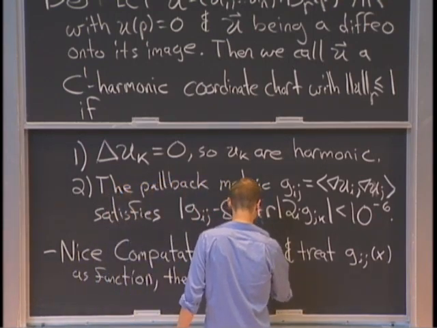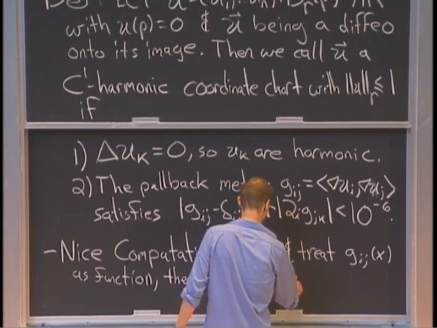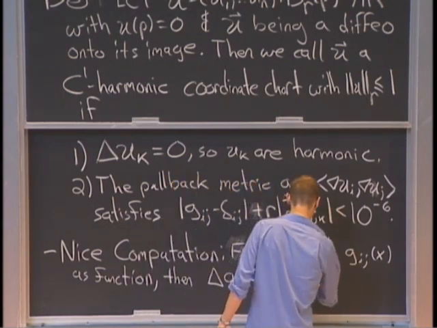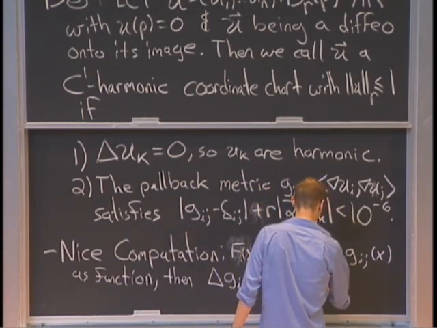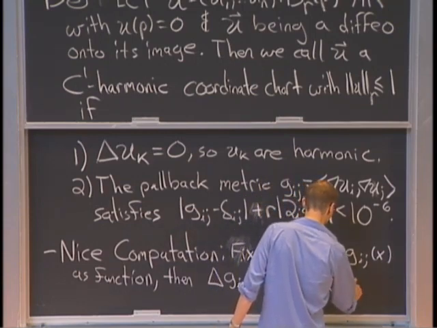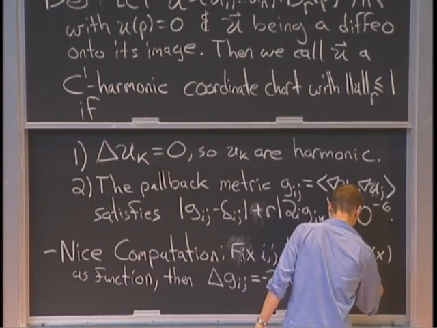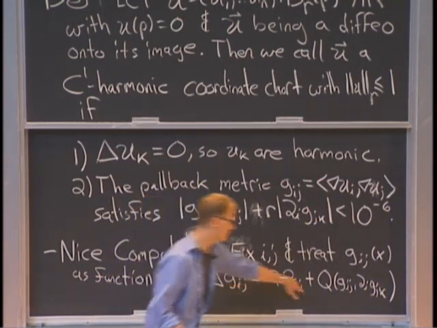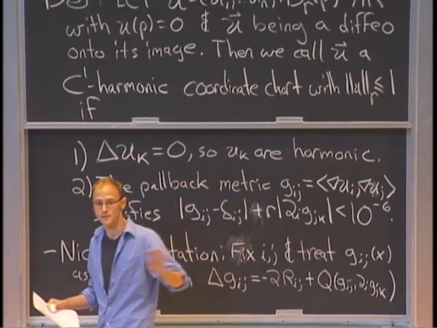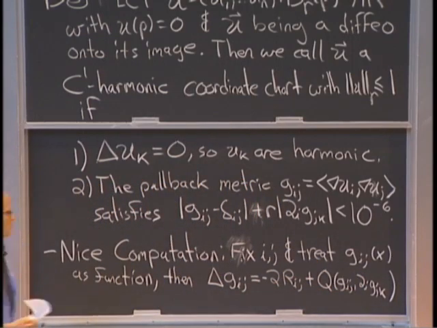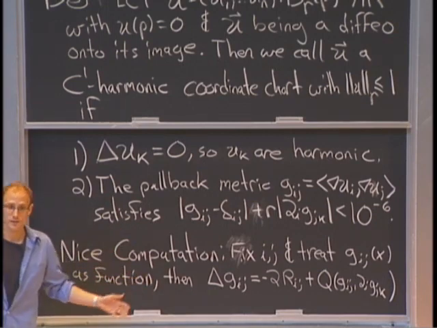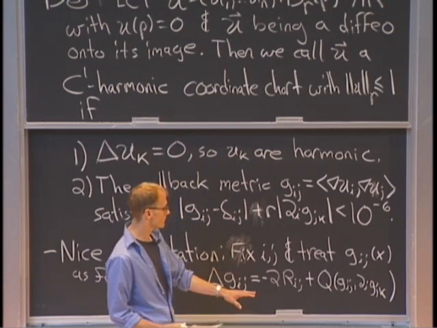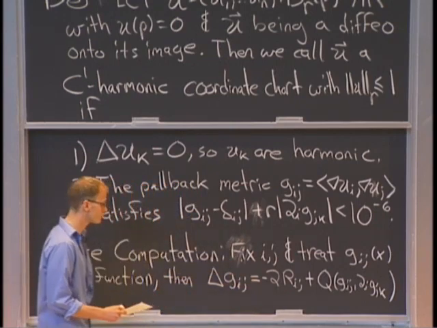This is equal to minus 2 times the Ricci curvature in the ij direction, plus some nonlinear terms, but it only depends on Gij and the first derivatives of Gij. So this is just some complicated nonlinear expression in G and its first derivatives. What it is actually is not so important for us. The point is that it's of lower order, just first derivatives and less.